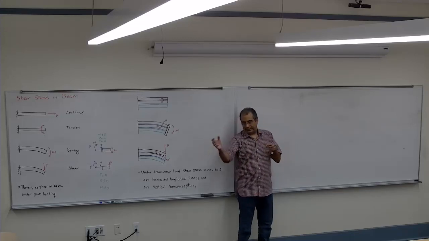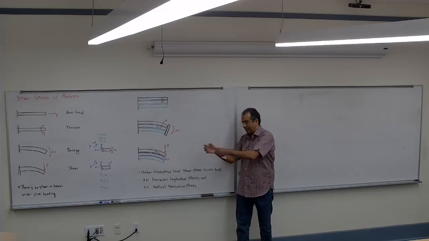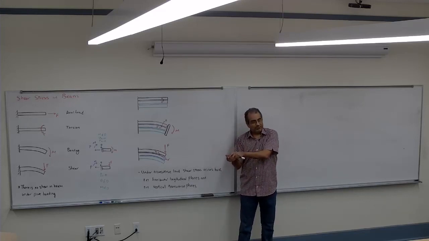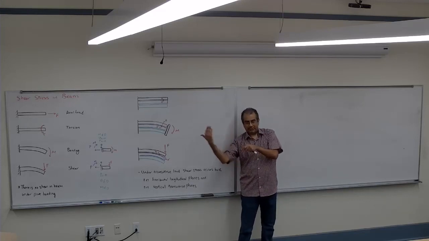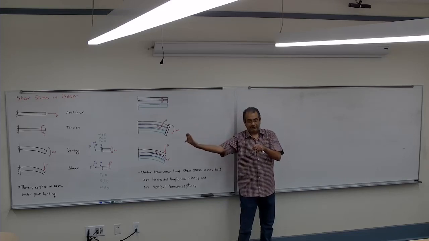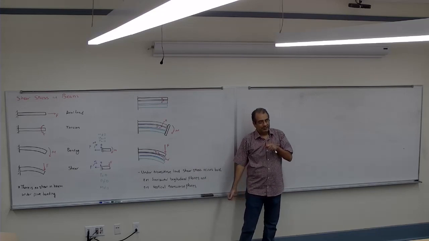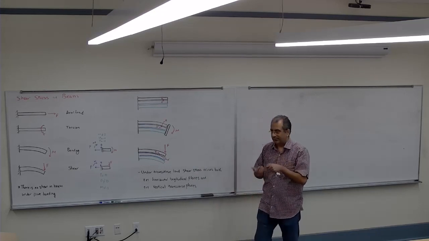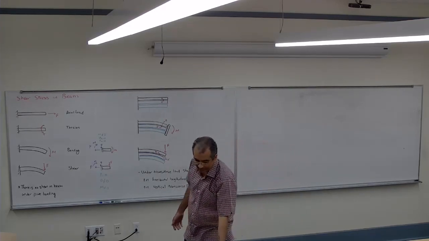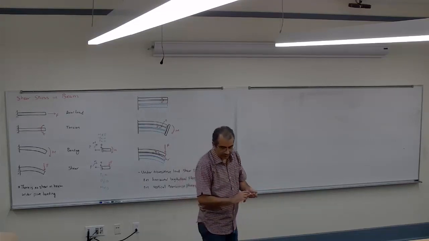When that transverse force is applied on the bat, you're going to shear both on the cross section and on the length. Because it's weaker along the length, it's going to break throughout the length of the bat. So horizontal shear stress in beams.